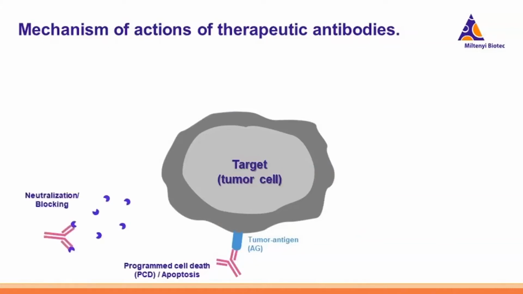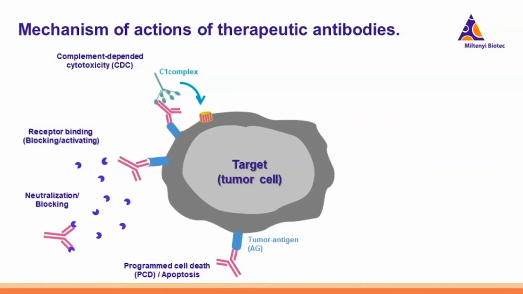We, of course, have other mechanisms: an antibody can bind to soluble factors, neutralizing those factors and blocking them from binding. Also, an antibody can bind to a receptor on the surface of the tumor cell and by that block the binding of the soluble factors to this receptor, but also activate those receptors.